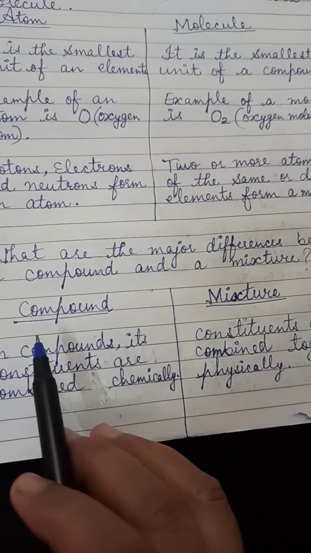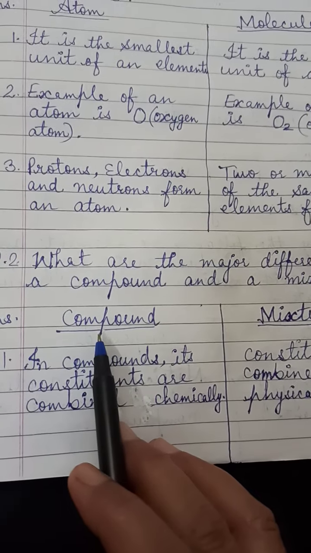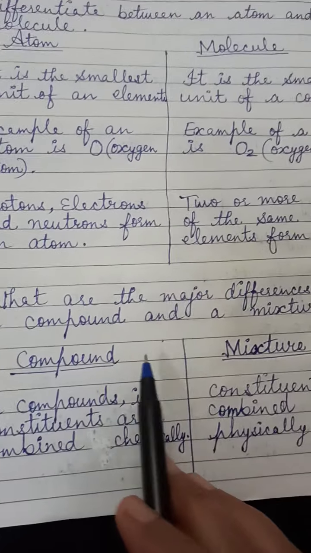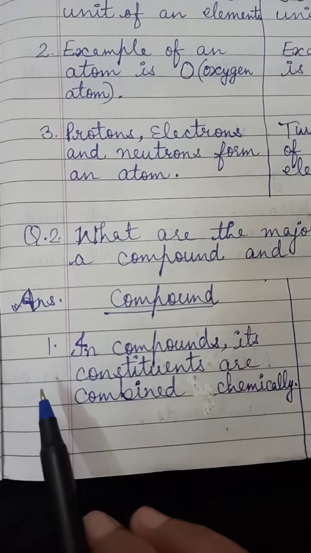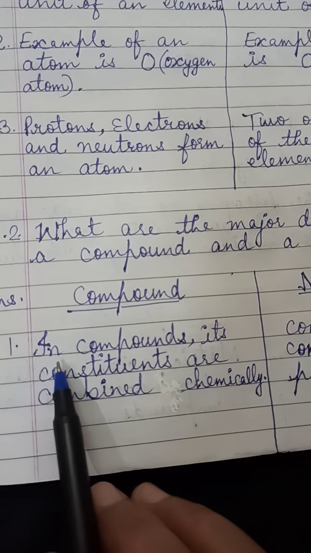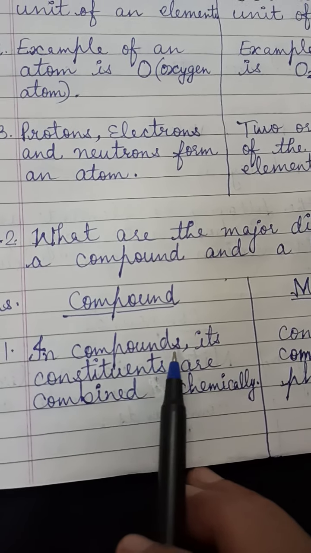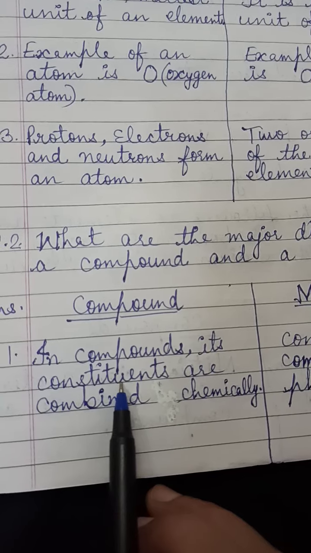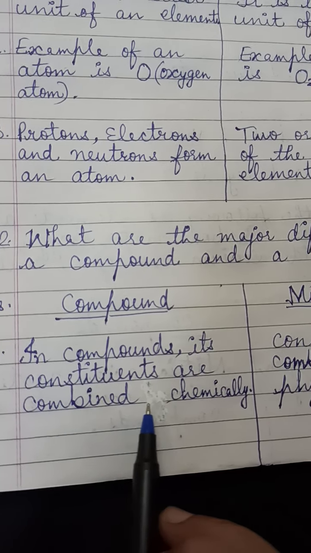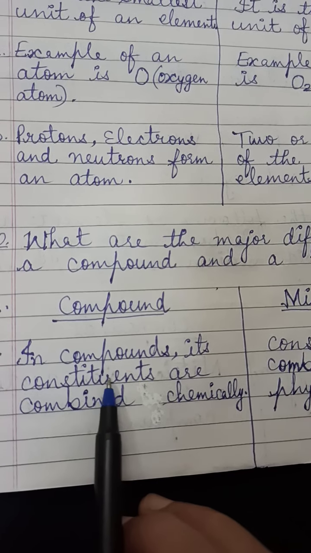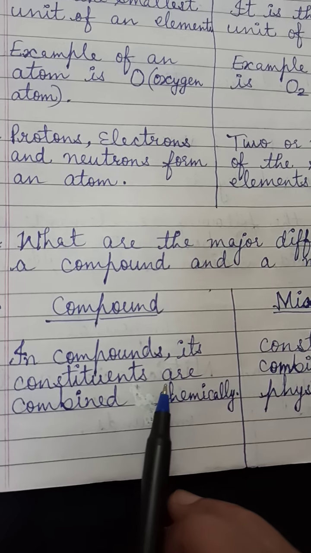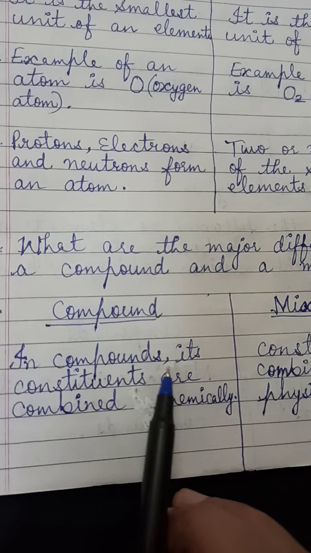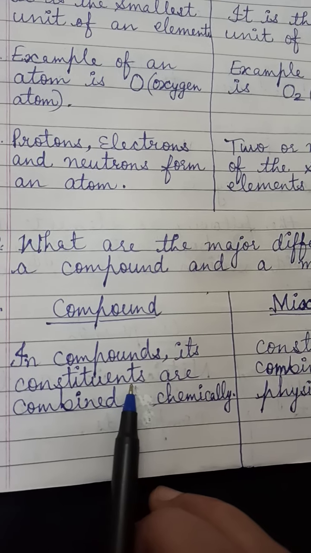So first column I have made for compound and second column is for mixture. So first difference is, in compounds its constituents are combined chemically. Constituents means those things which are combined together to form a compound, those are called constituents.